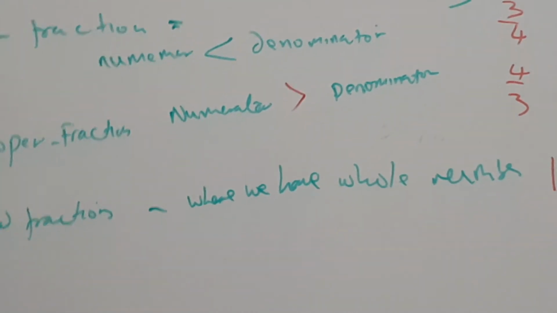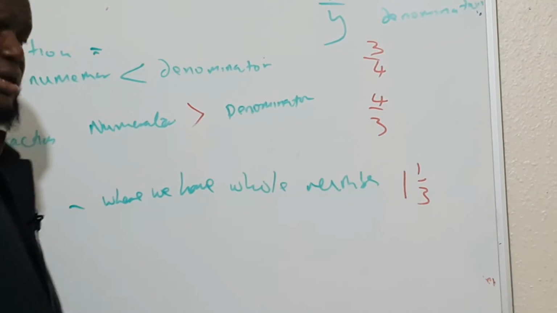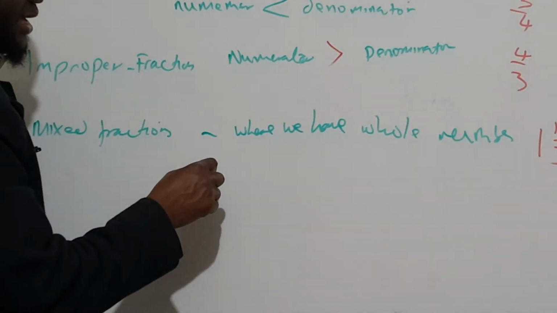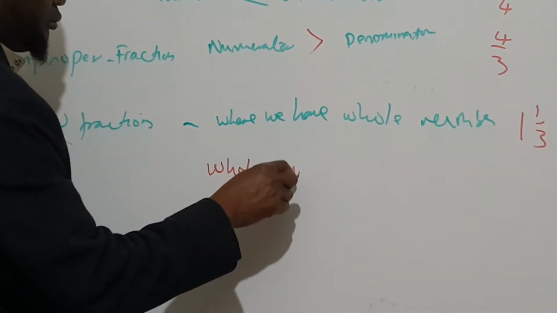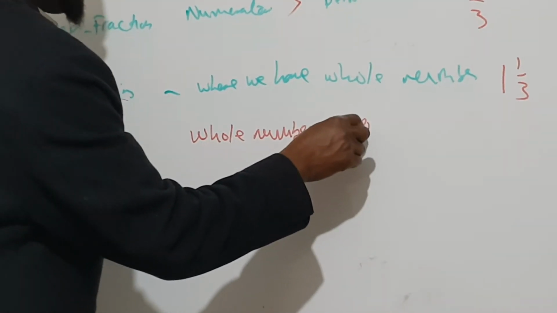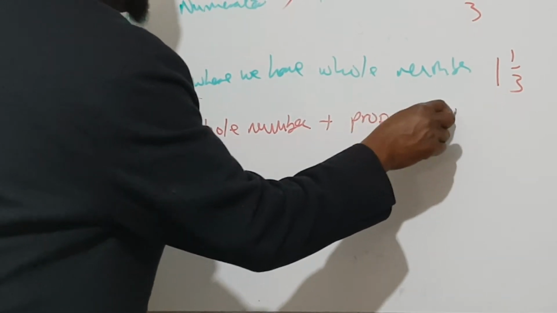So we have a whole number which is 1, and then a proper fraction. So basically, a mixed fraction is a whole number plus a proper fraction.